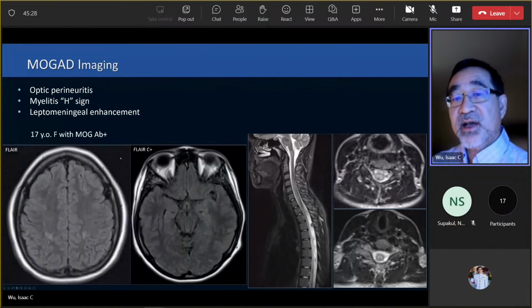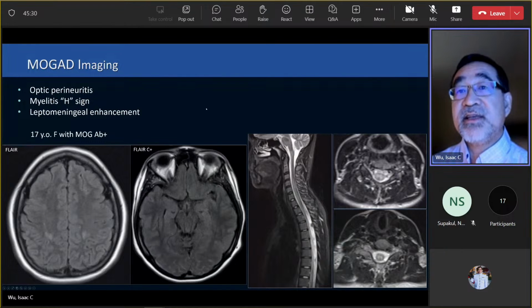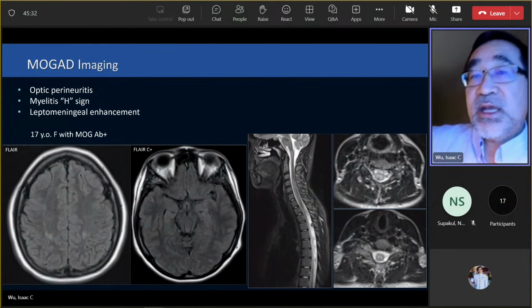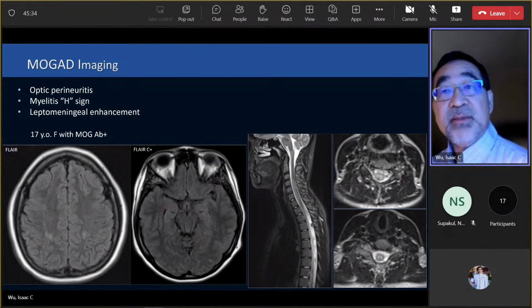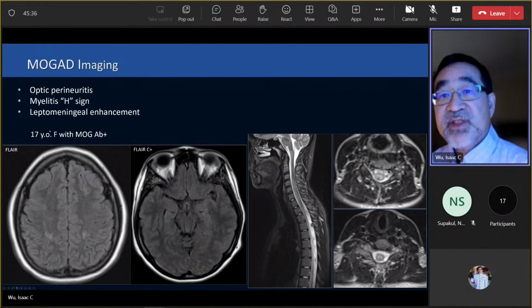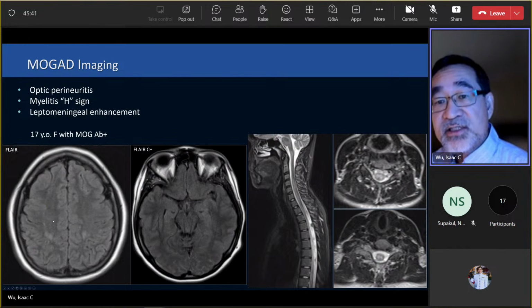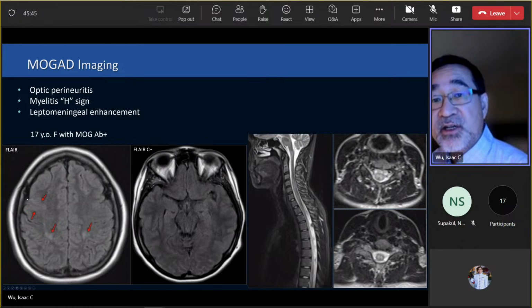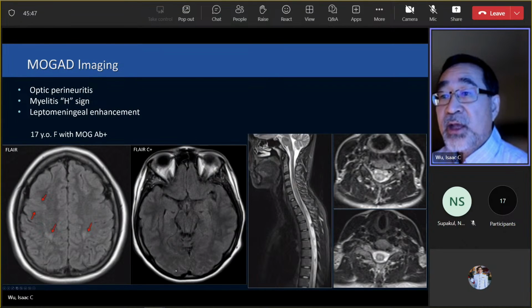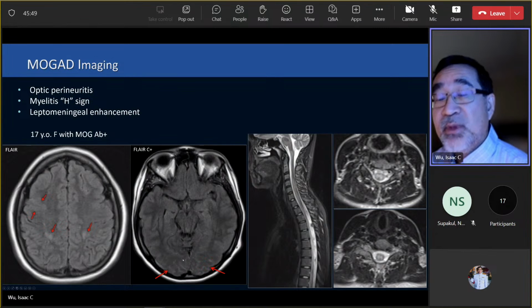And this is a patient from Riley with MOG antibody positivity, a 17-year-old female. It probably doesn't project all that well on these FLAIR sequences. You can see the multiple white matter lesions, and there's a cortical involvement right here. Notice that the patient has some leptomeningeal involvement, and the cord lesion is a long segment.